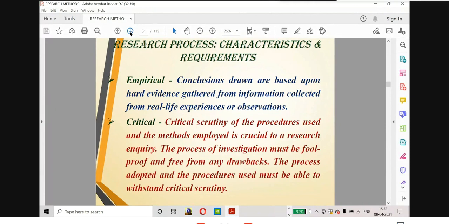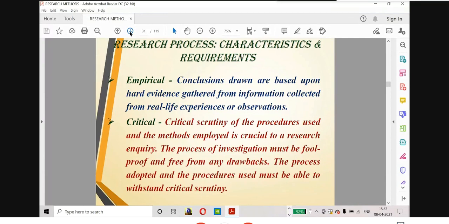So once you generate a solution, you have to draw your conclusions based on the hard evidence gathered from information collected from real life experiences or observations. That is field experiences or field observations.